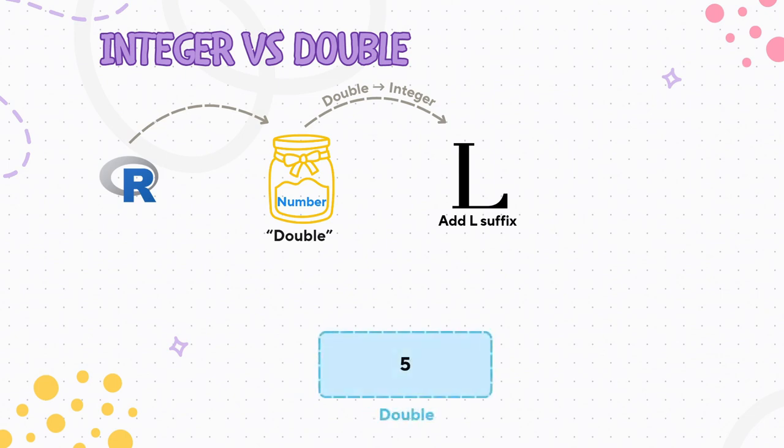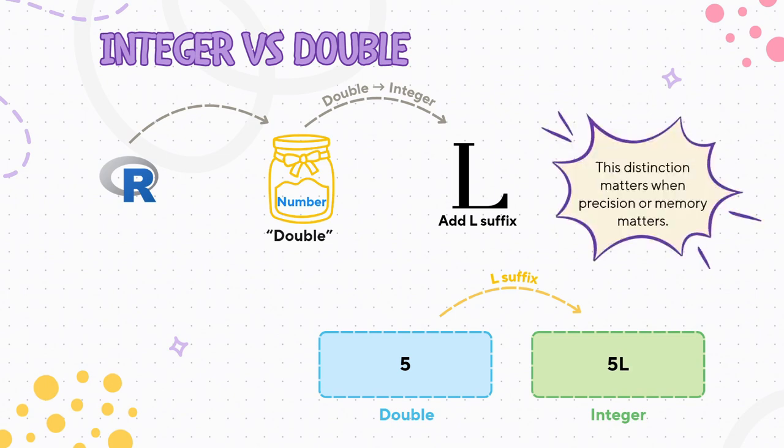So, let's say we had a number 5, which is by default stored as a double. If we wanted to convert this into an integer, we would add an L suffix, which is done by doing this, 5L. Now, this 5 would be an integer. This might seem insignificant at the moment, but the distinction matters when precision or memory matters when we execute operations later on.